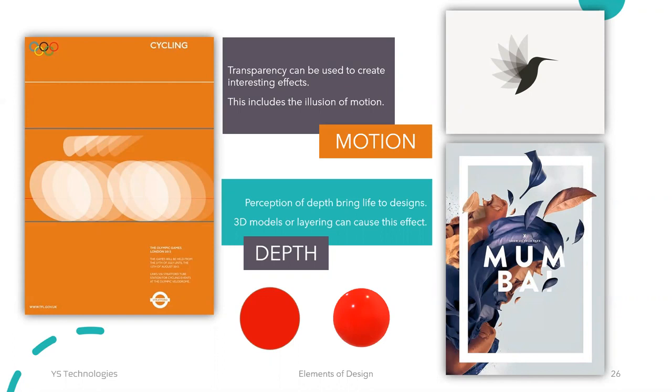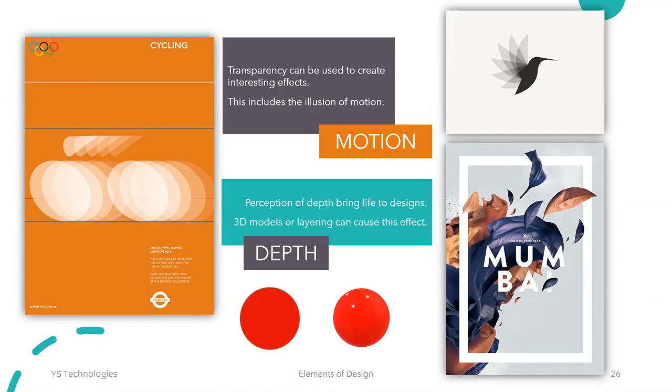And on the image on the top right, we get the impression that the wings of the hummingbird is flapping. By mimicking a long exposure photography, by using transparency in the shapes, we are able to create an illusion of motion.